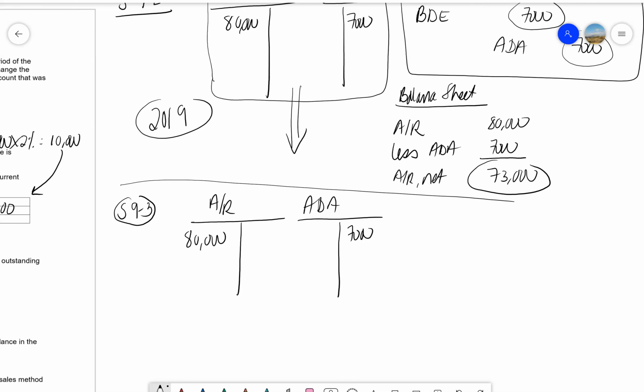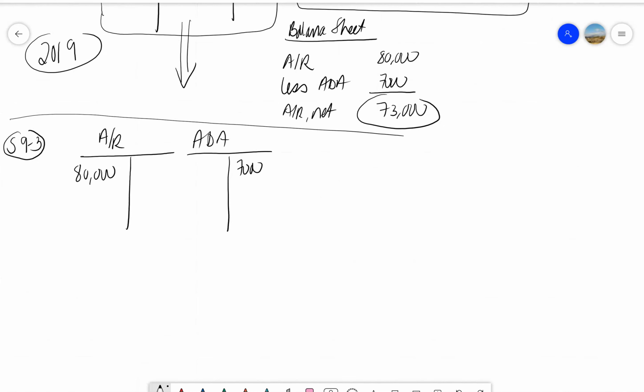So then have a look at 9-3 and let's go through what happens in 2020. They have service revenue on account, they collect money on account, they do some write-offs, and then they record the bad debts expense at the end of 2020. Now they want us to do journal entries for these transactions, and we're also going to update the T accounts as well.